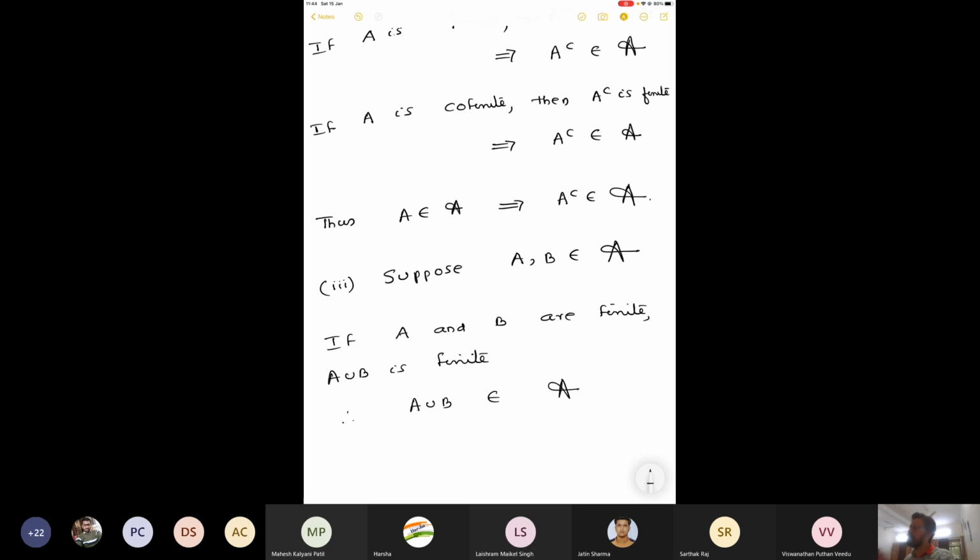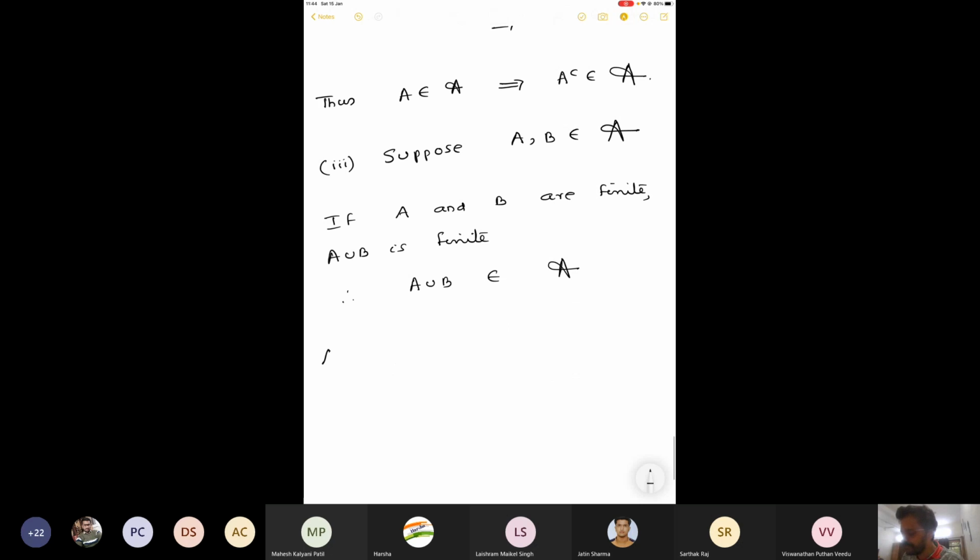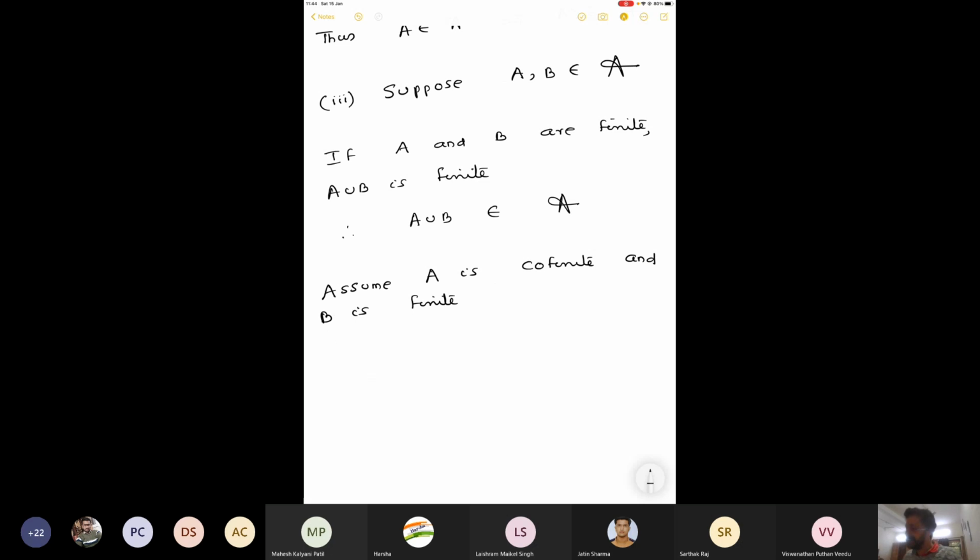Now, what is the other possibility? One is finite and one is cofinite. Assume A is cofinite and B is finite. In that case, since A is cofinite, A complement, or X minus A, is finite.